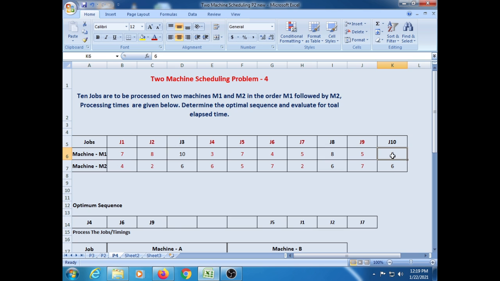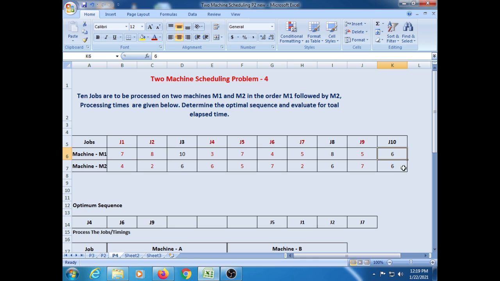If you take this processing time, then the corresponding processing time is 6 we have. So here 10, 8 and 6. Comparing the corresponding values, what is the lowest corresponding processing time we have? That we have to take.